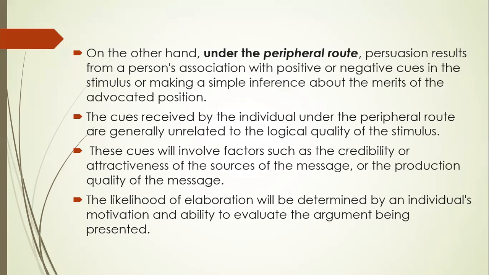Now coming to the other side, the peripheral route. Here persuasion results from a person's association with positive or negative cues in the stimulus, or from making a simple inference about the merits of the advocated position.